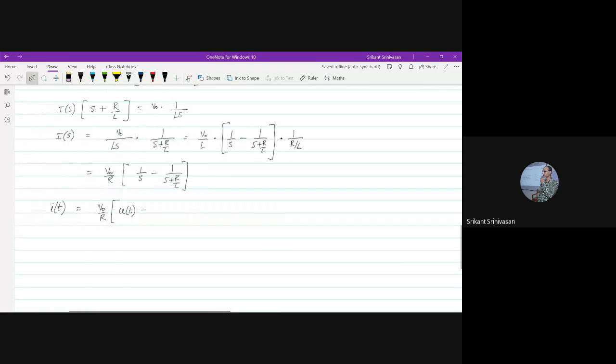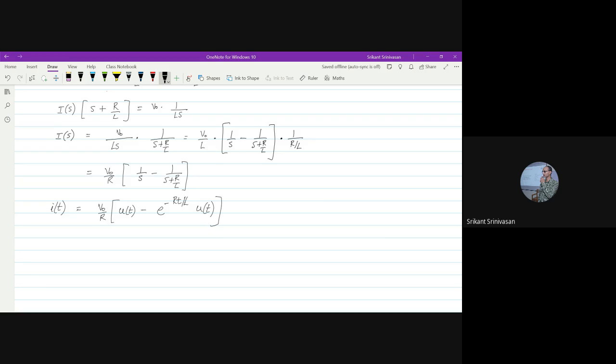So let's go back here. This becomes minus e power minus alpha t, what was alpha? R over L, into t into u of t. Let me just make it clear. Everyone is with me so far?